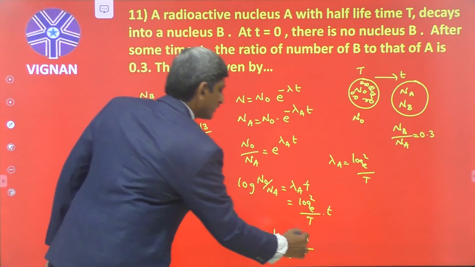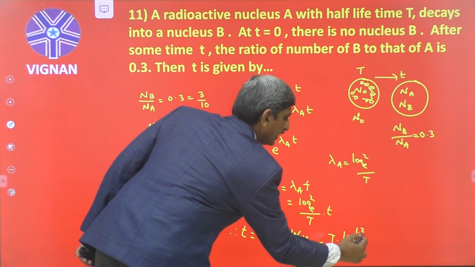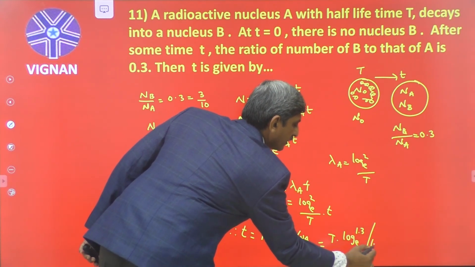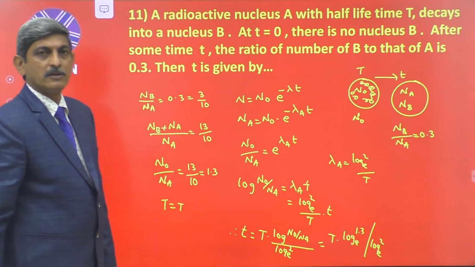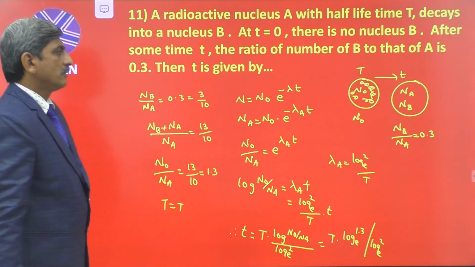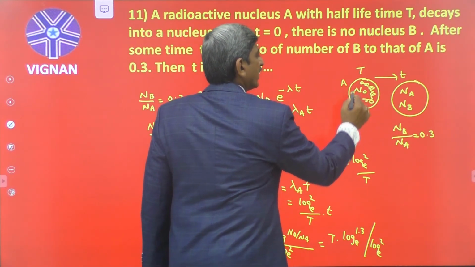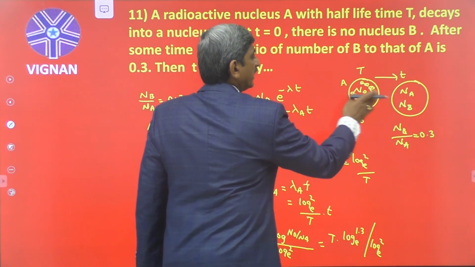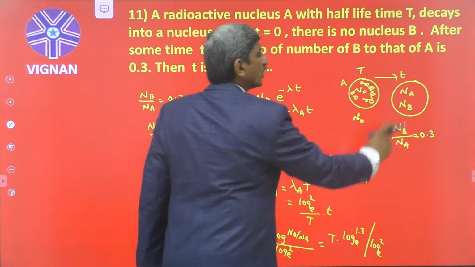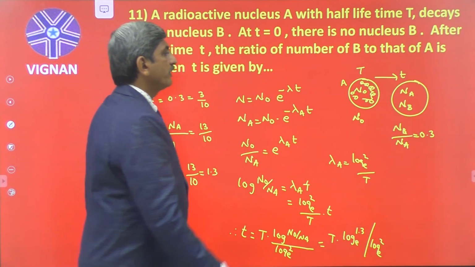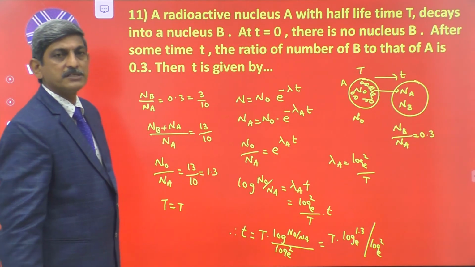By substituting that, it becomes t is equal to T into log 1.3 to the base e divided by log 2 to the base e. Okay? So here remember, the original nuclei is in the form of A, that is decaying. During the decaying process, some nuclei of A are present, some nuclei of B are present. So here we apply the radioactive decay law for the nuclei A after time t seconds.